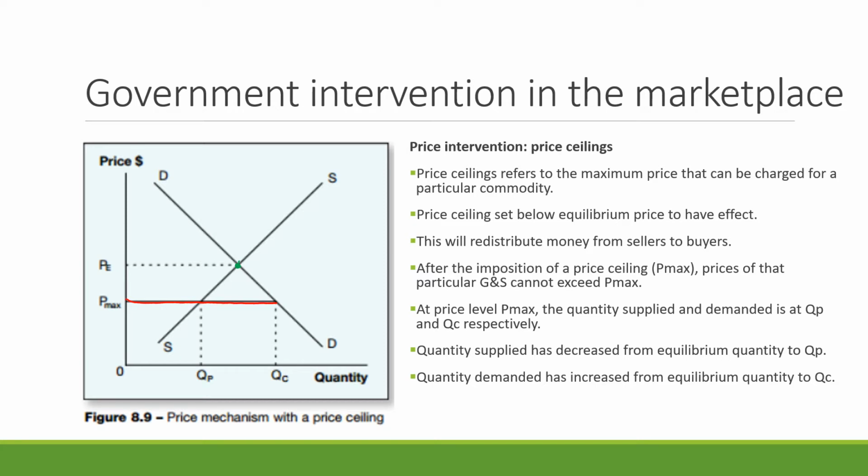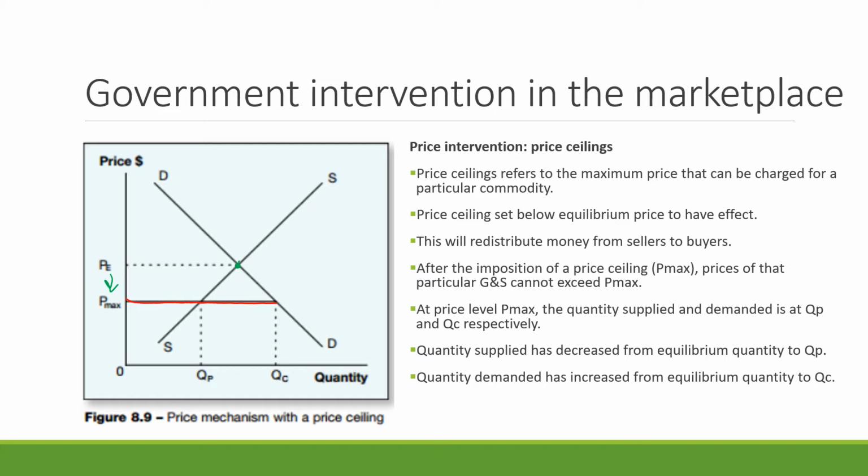Now, if the government thinks that this is too expensive, they set the maximum price below equilibrium to have an effect. So we call it P max, the maximum price, and always remember that it is below equilibrium to have an effect. And essentially what that means is that at this price now, it's significantly cheaper than the equilibrium price.